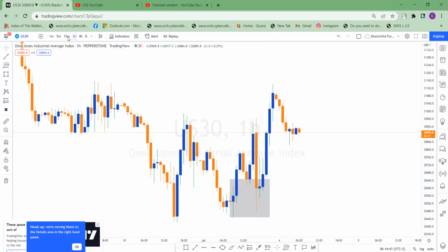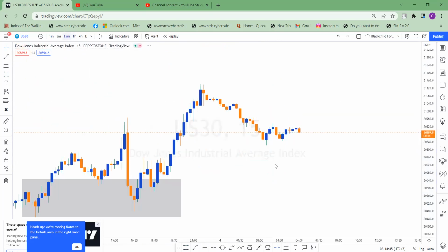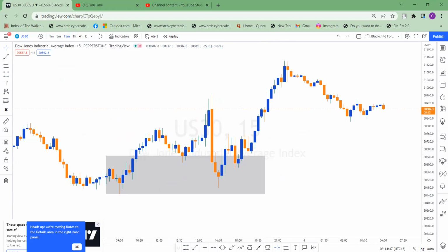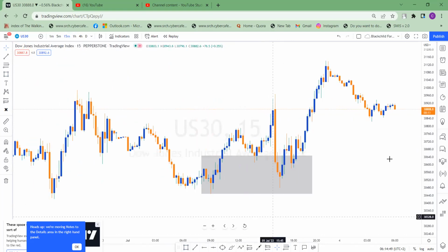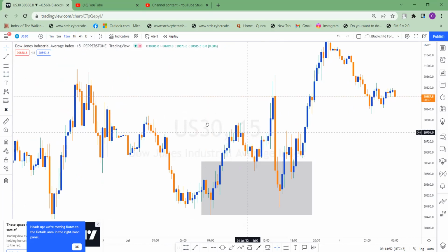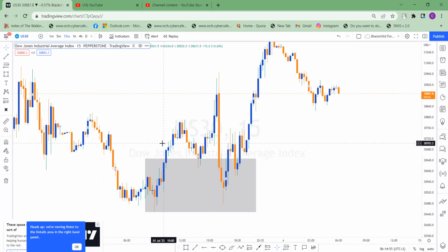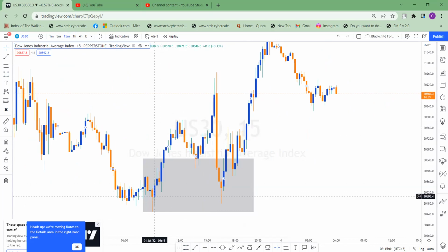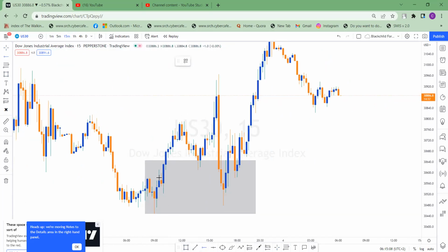Then we can remove the fib and then go on a 15-minute time frame. We just want to make sure that we refine our POI as soon as possible. So you can see that in this case, this zone, there's a very important zone here.